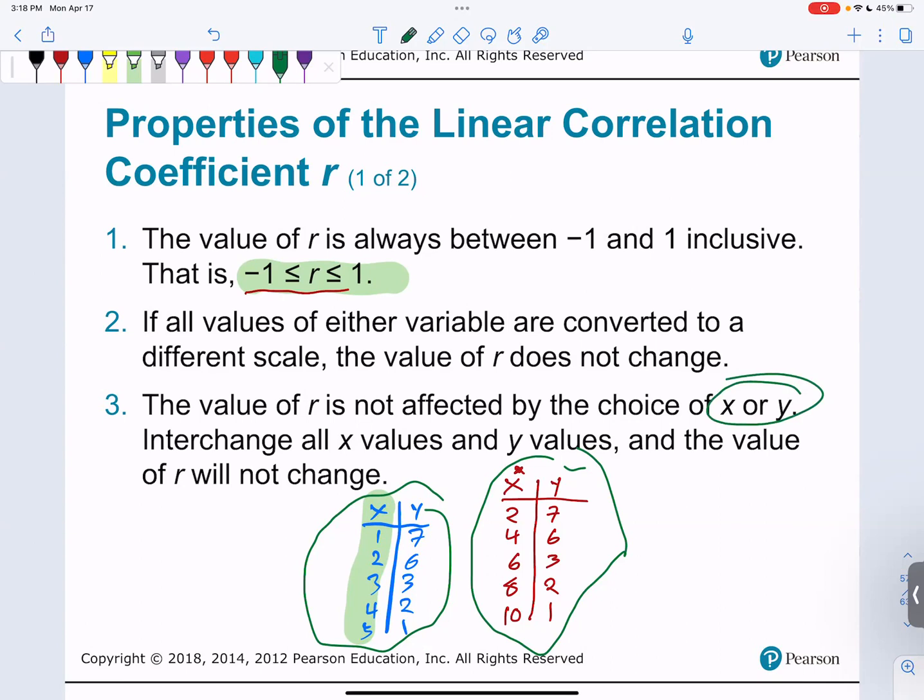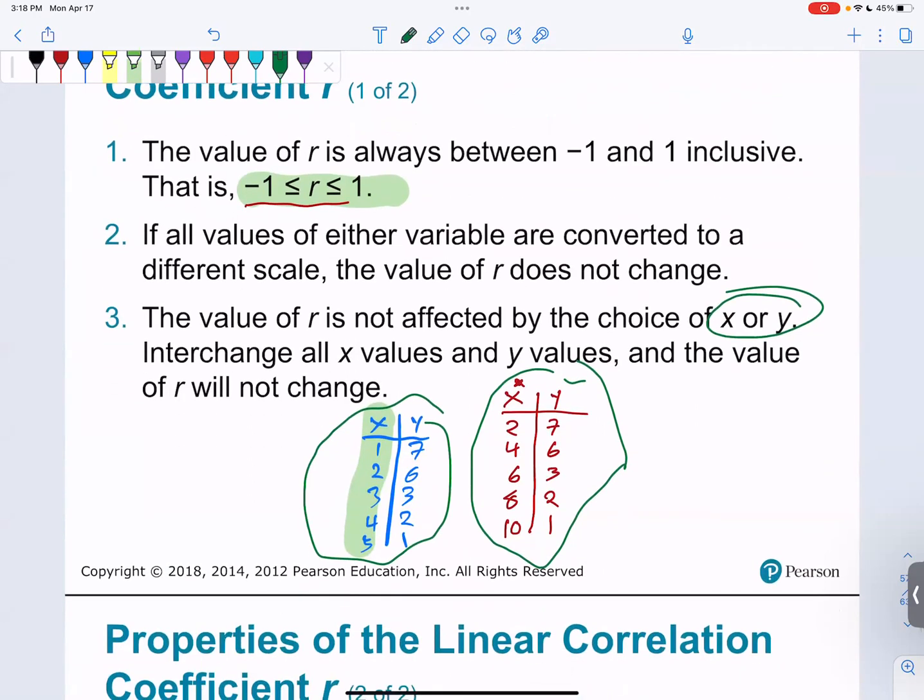We will not study causation, and we will not say that this variable will be affected by that one. If we do this scatter plot and put X here and Y here, or change them and put Y here and X here, it is the same, and this value will be exactly the same.